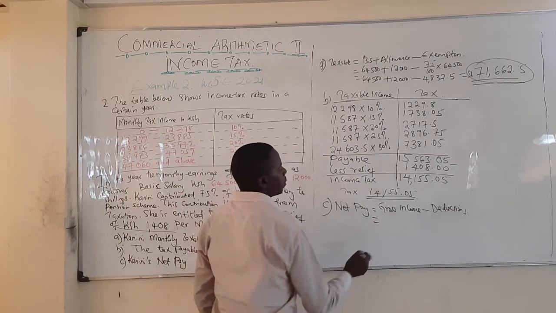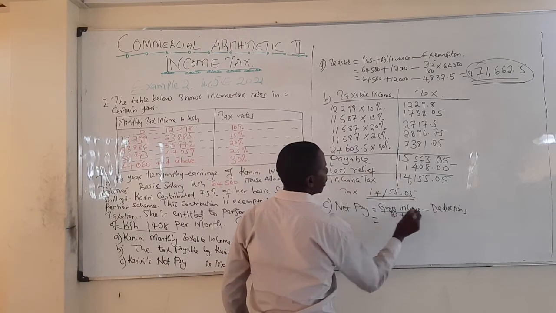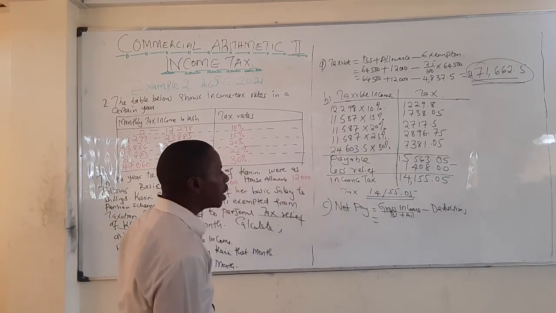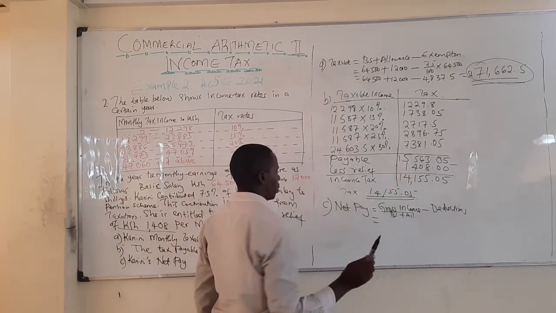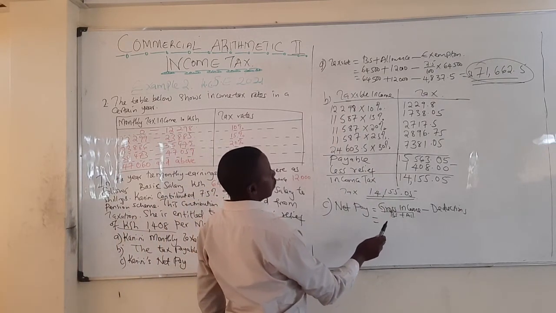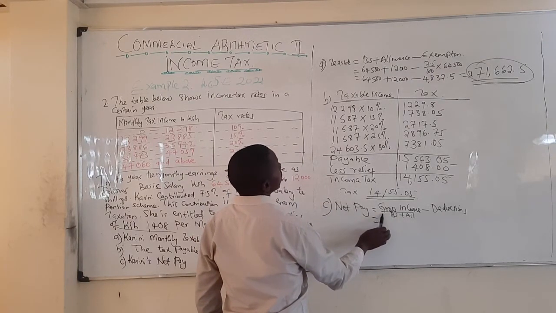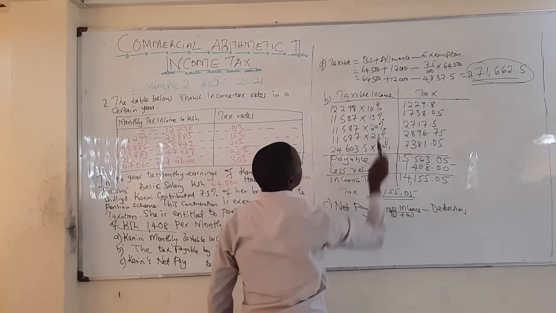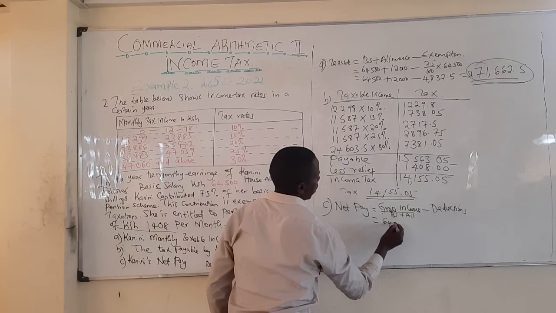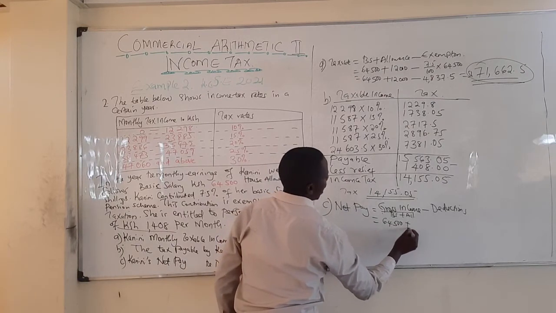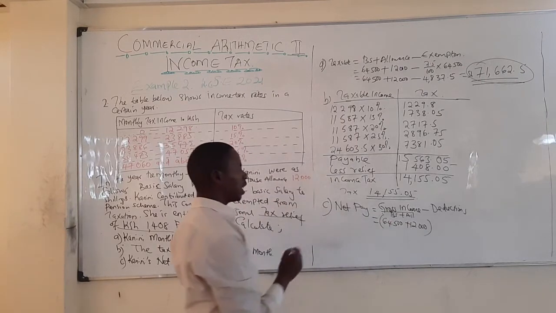Our gross income is given by basic salary plus allowances. So in this case, the gross income is not equal to the taxable income. So you have to be very careful on that. So the gross income is given by basic salary and allowances. So you get 64,500. We add 12,000. That is our gross income.